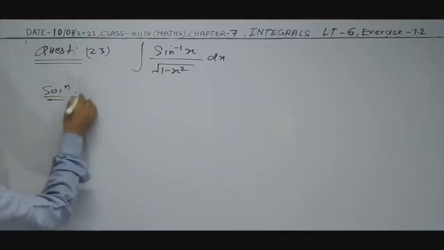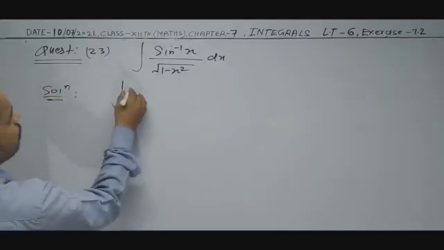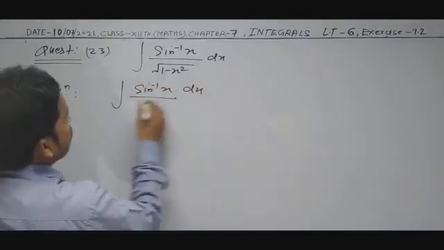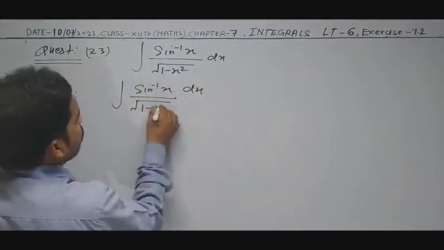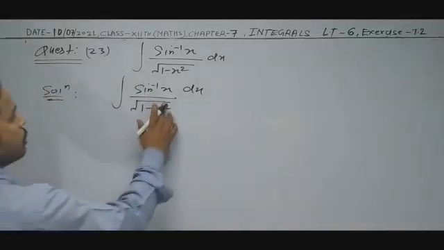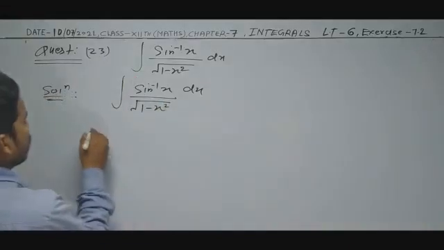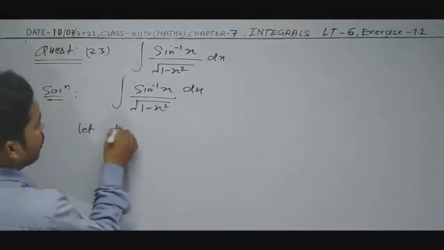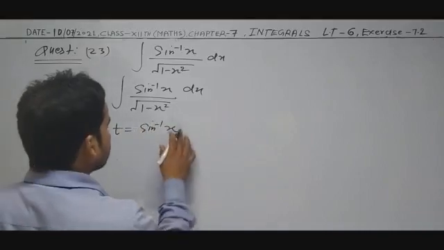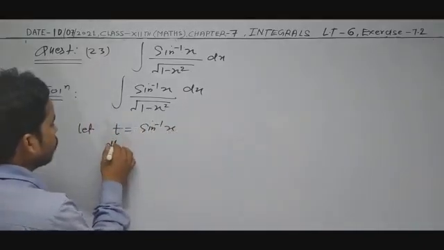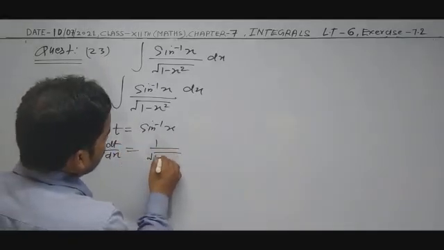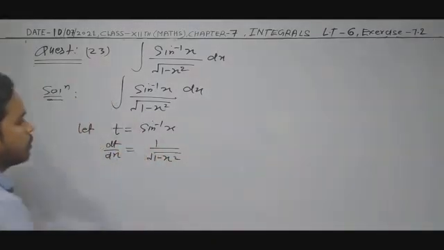So the solution is integration of sine inverse x dx whole upon root over 1 minus x square. In this question, you will consider let t is equal to sine inverse x. Now dt by dx result will be 1 upon root over 1 minus x square.